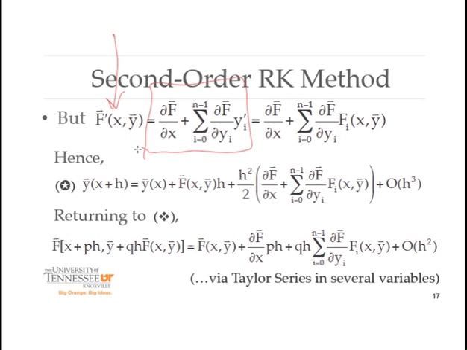It would be the partial of f with respect to x, plus the sum of all of the other partials of f with respect to each of the y components. So it will be the partial of f with respect to y sub i times the derivative of y sub i, summed up from 0 to n minus 1. But then again, we can exploit the fact that each one of these y primes is just the appropriate right-hand side, as if you have a system of first-order ODEs.